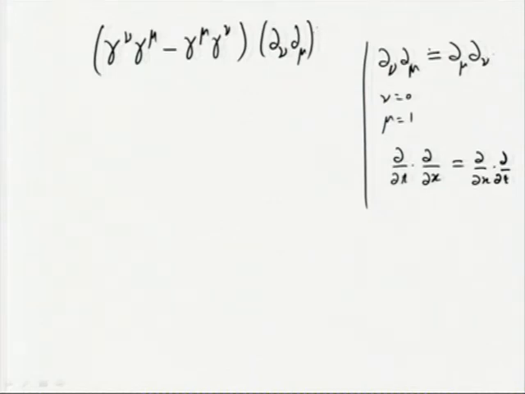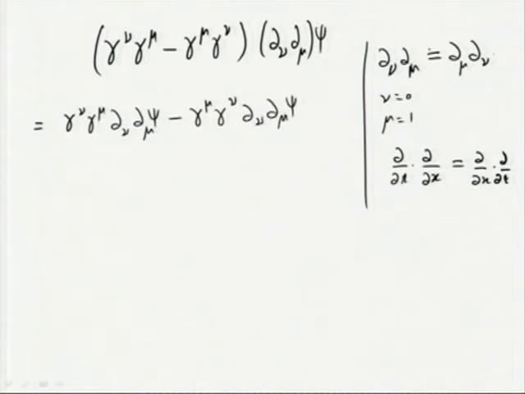So, let us look at this acting on ψ. This first one is γ^ν γ^μ ∂_ν ∂_μ ψ minus the second part, which is γ^μ γ^ν ∂_ν ∂_μ ψ. I have not done anything, just expanded it.